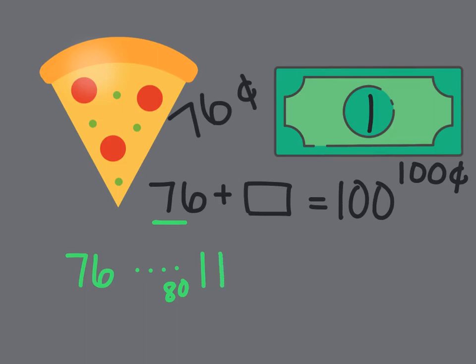Let's count. 10, 20, 21, 22, 23, 24. So I should be getting 24 cents back. If I bought this piece of pizza for 76 cents and I paid with a $1 bill, my change, the money that the cashier would give me back, would be 24 cents.